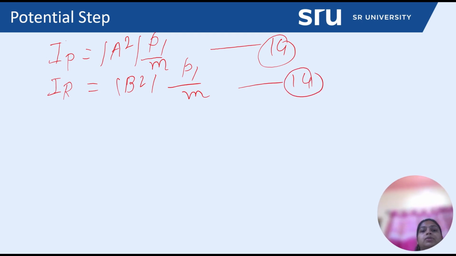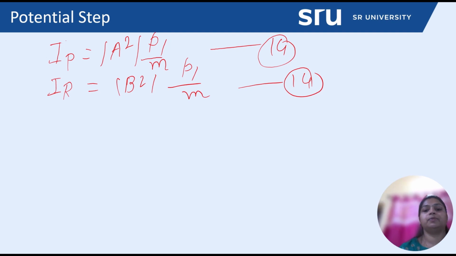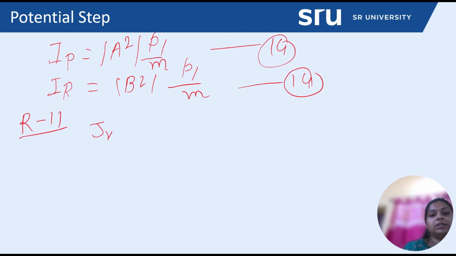So this is the case for region 1. If we find the current density in region 2, we can find the current density Jx in region 2 in terms of C. It will be basically C square divided by m into P2.